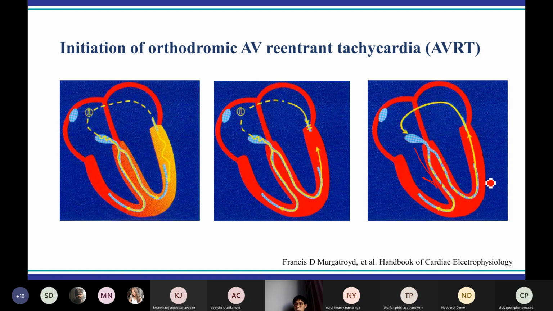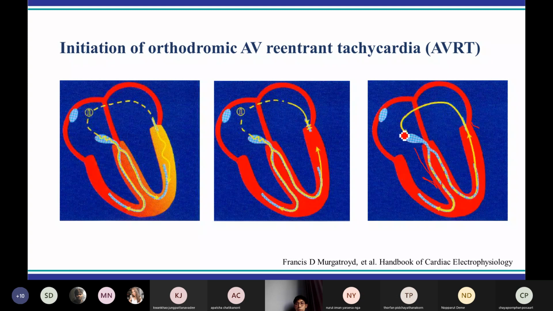The fast pathway, the retrograde limb, is the accessory pathway. So when the patient is in a normal state, the signal would go into both pathways and result in a pre-excitation syndrome with a normal sinus rhythm.